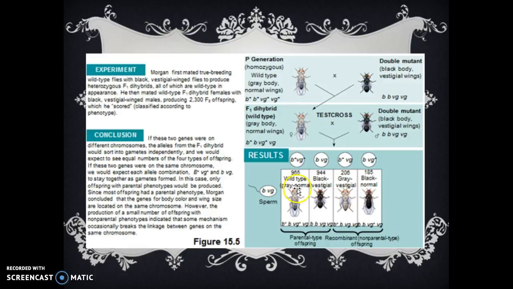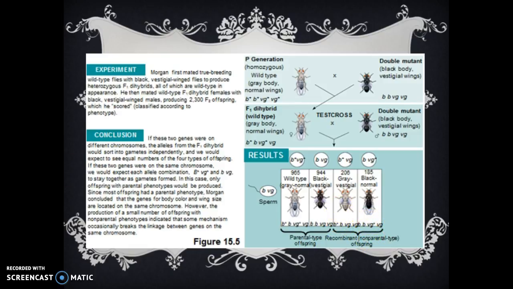What he got was 965 flies that had this parent's genotype. He got 944 flies that had that parent's genotype. And he got a few flies that were the recombinant genotypes. 206 of these ones, 185 of these ones.